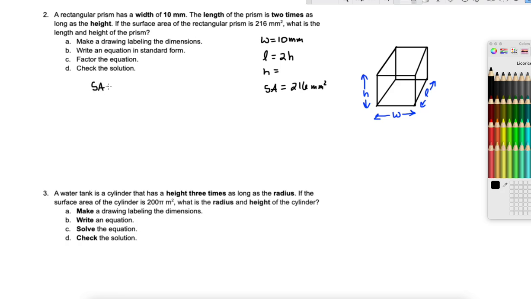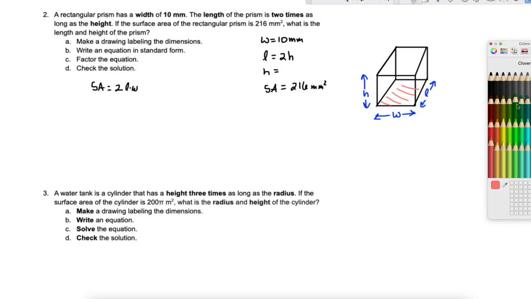Surface area equals, we have 2 length times width rectangles. So here's the length, and the width is this. We've got this base is a length times width, and this top part. Those two rectangles are congruent, have the same dimensions. So that is 2 length times widths, those areas.